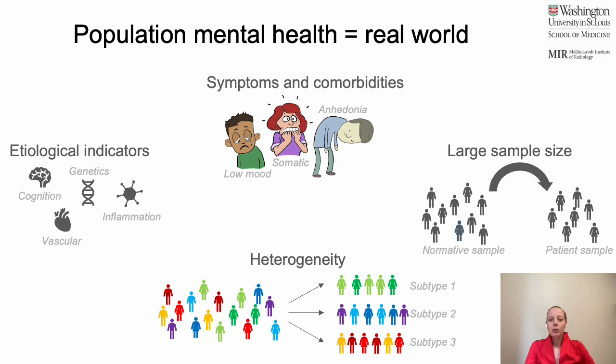It also gives us an opportunity, given the larger sample size, to use advanced analytical approaches such as normative modeling, using a normative sample and a held out patient sample, for example. And what I'm going to focus on in this talk, although I'm going to touch on each of these elements a little bit, it gives a really exciting opportunity to disentangle heterogeneity and try and see if there's meaningful subtypes in depression based on a well-powered real-world sample.